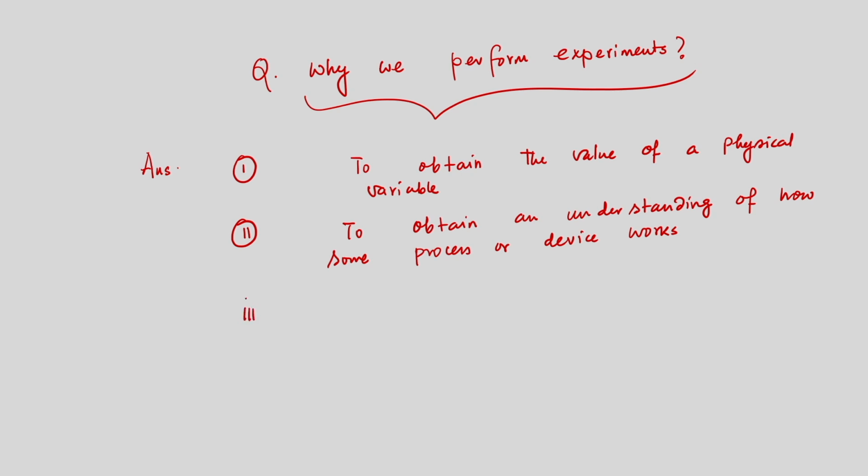And number 3 is to verify a proposed theory. This is another important point. Those who are doing theoretical research, when they are proposing any relationship, proposing any theory, then whether the proposed theory is the correct one to predict the flow parameters.